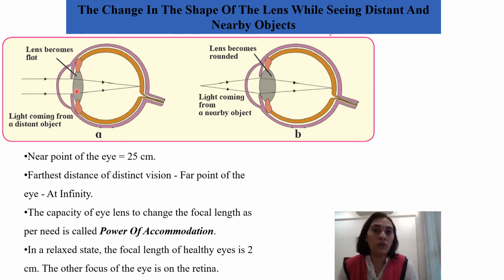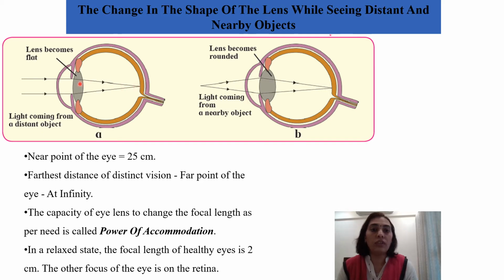After the rays of light fall onto the lens, they will converge because it's a biconvex lens. They converge and we find that the rays meet at the retina, or we can say that the second focus F2 lies on the retina, and we can see the distant object clearly. If you see the shape of the lens in this case, the lens has become very thin and the focal length becomes maximum.